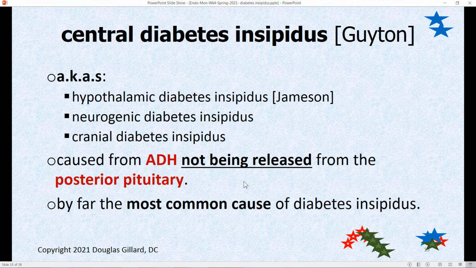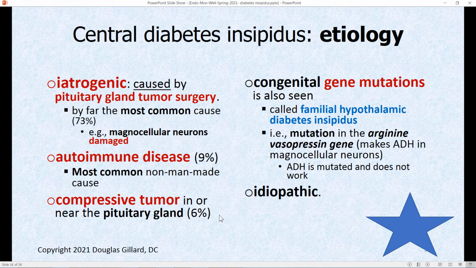It's not transferring down to the posterior pituitary, or maybe the neurons are being pinched by a pituitary tumor. So for whatever reason, ADH is not getting out of the posterior pituitary. That is central diabetes insipidus, and this is by far the most common cause of diabetes insipidus.